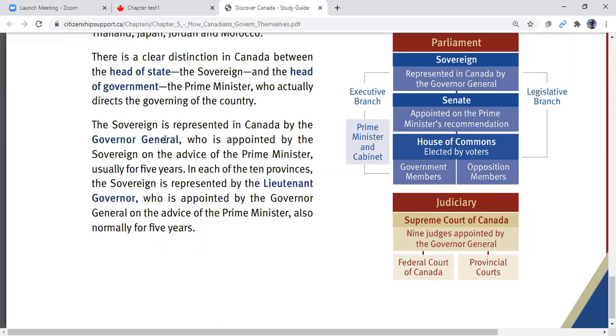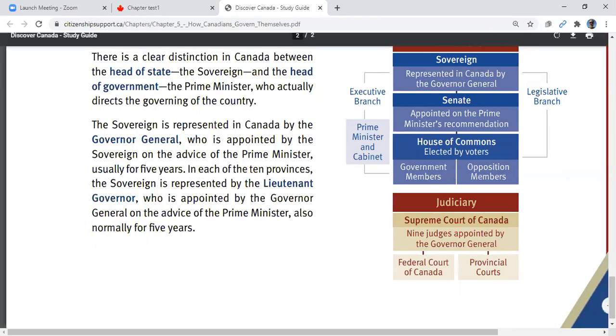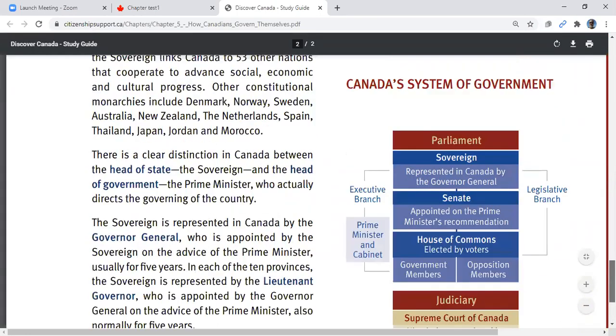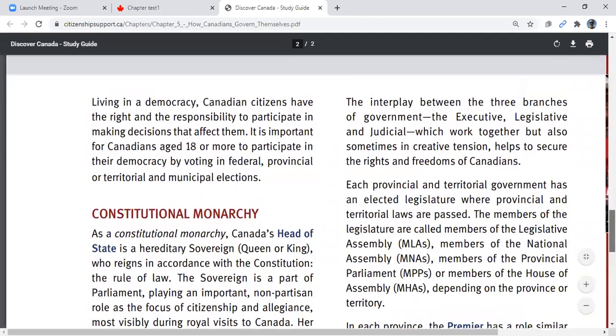So in Canada, we have a Governor General appointed by the Queen. The Prime Minister tells her who, for 5 years. And in the provinces, we have Lieutenant Governors appointed by the Governor General, and the Prime Minister says who, for 5 years. They each have 5-year jobs. Okay. Let's keep going. We're doing good.